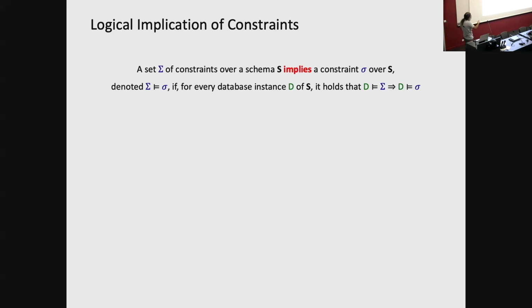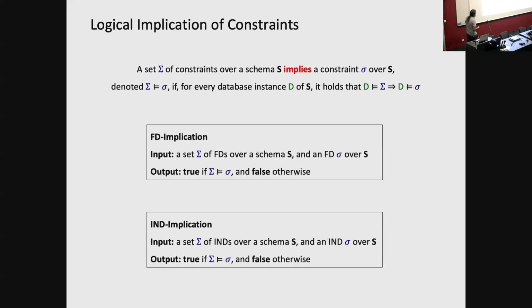And then I know that I can just add them in there without destroying anything. So is this notion of logical implication clear? Great. And having this in place, now we can define these decision problems for each class that we are interested in. In the case of functional dependencies, they are defined in exactly the same way.